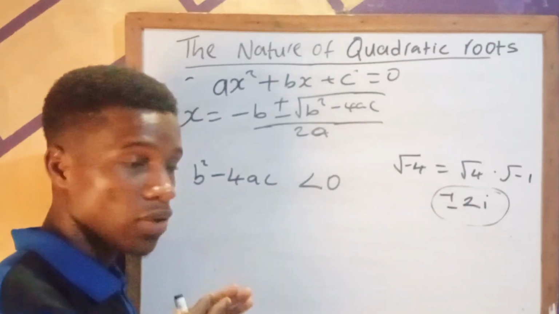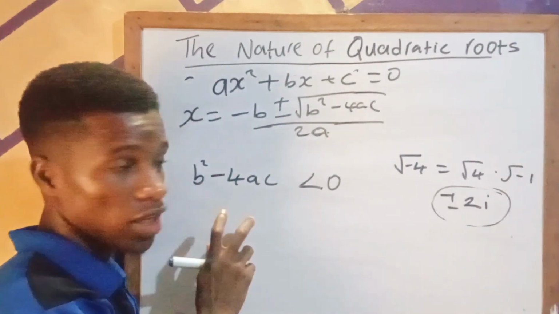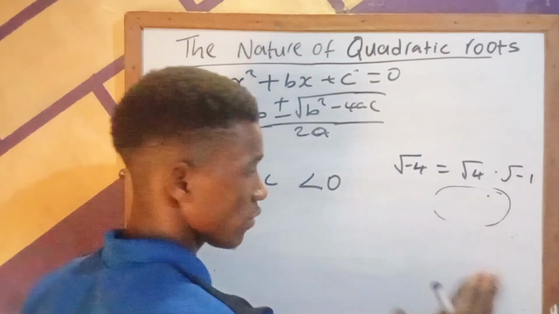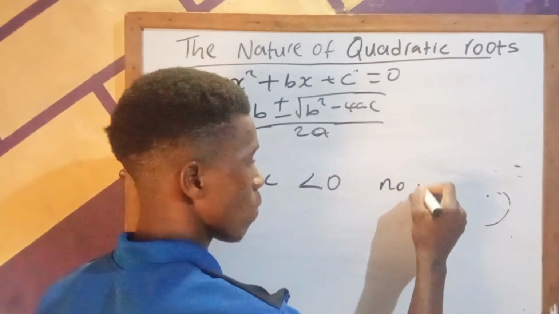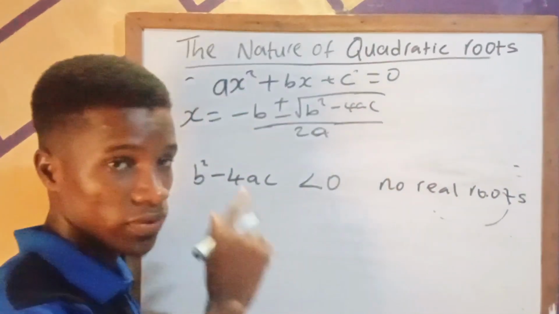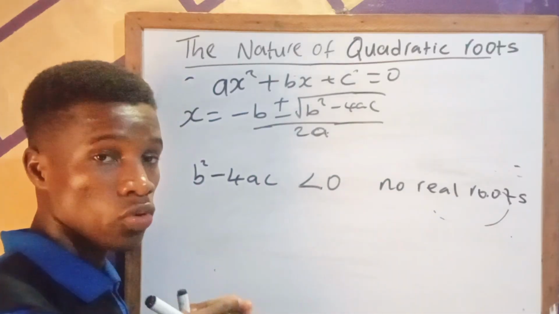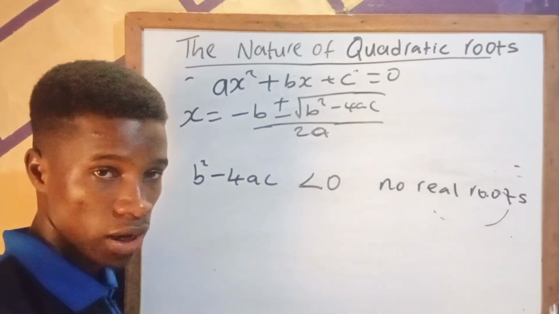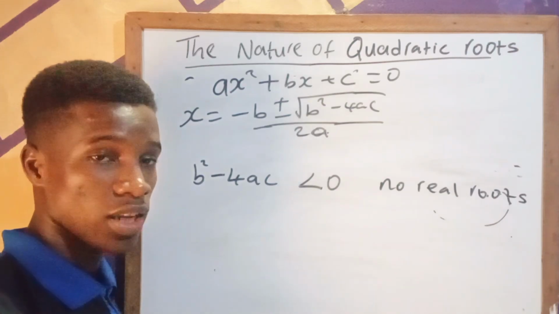So from here we can basically tell that if the discriminant is less than 0, we are going to have no real roots. The roots of that particular quadratic equation are not real numbers. If you plot it on the graph, it's not going to cross the x-axis at any point.